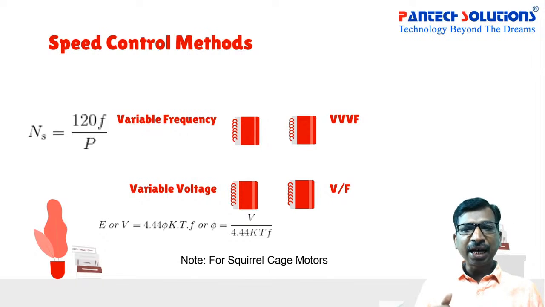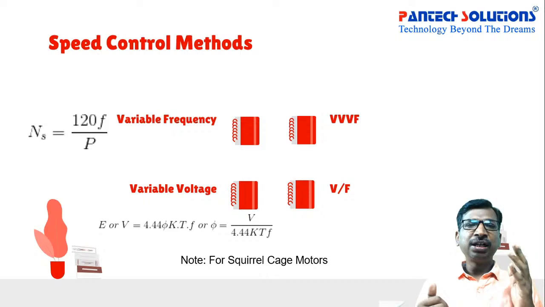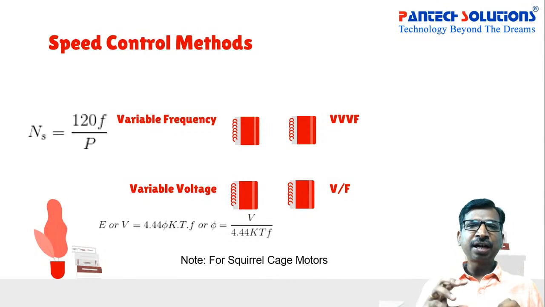So how can we adjust the frequency? By default we have a 50 Hz supply only. By implementing an inverter along with a PWM generator, we can adjust the frequency. By changing the PWM generator frequency, we can change the machine speed.